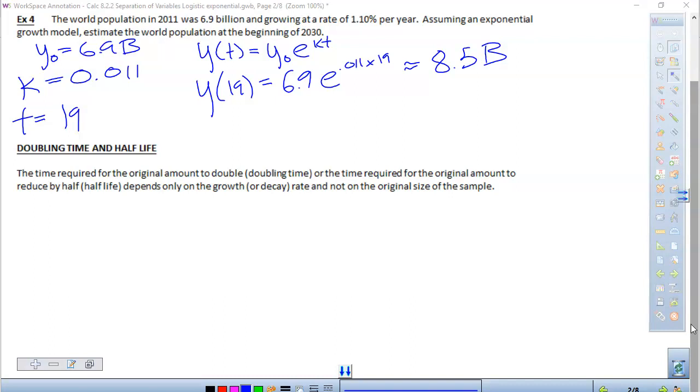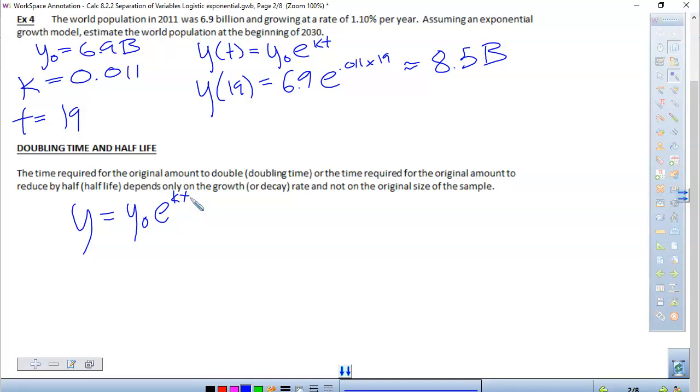Okay. So, doubling time and half-life. We've got this formula: y equals y sub 0 e to the kt. The time required to double, or the time required for the original amount of something to reduce in half, which is half-life.